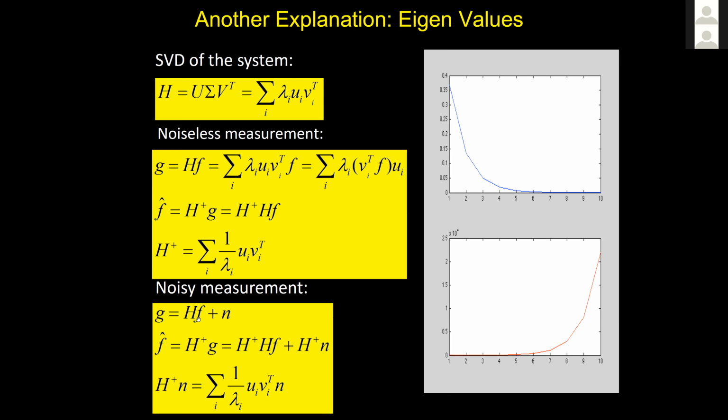So if you have this noise and you try to do the inversion, then what you get is going to be the transpose of your image F and also the noise.